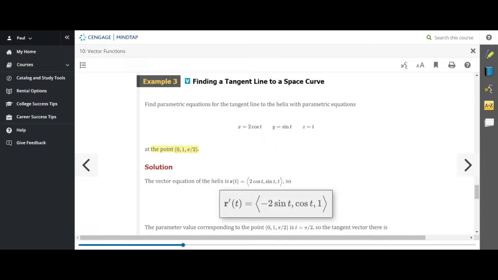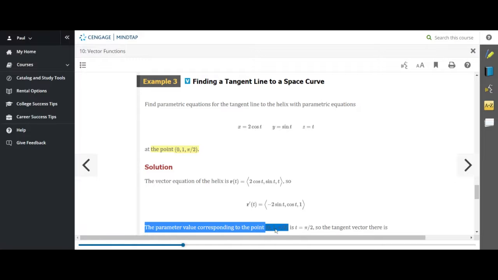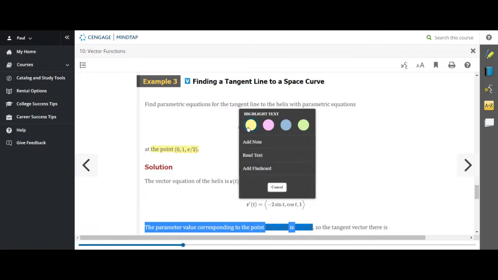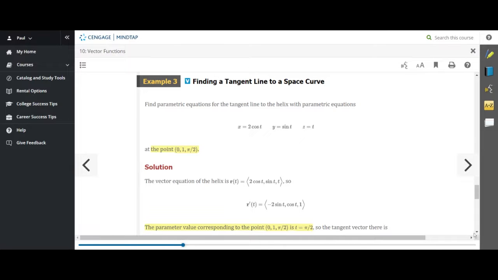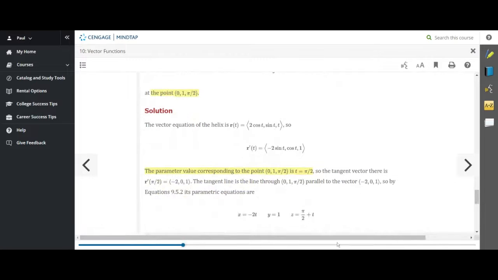And then it's mentioned. Now, we would have to find this on our own, but it's not hard to find the t value. They make it easy. The parameter value corresponding to that point is t equals pi over 2.